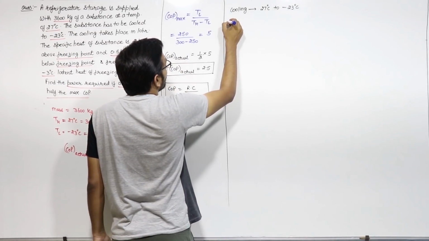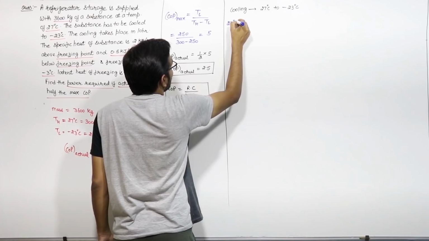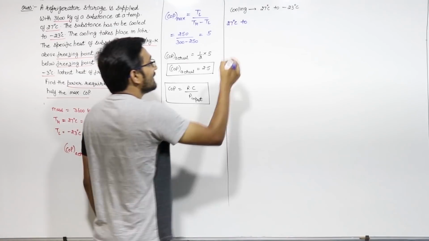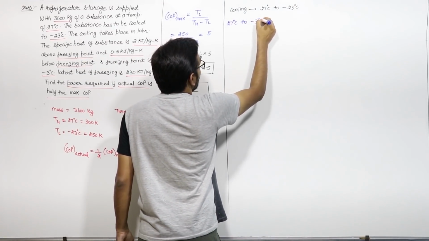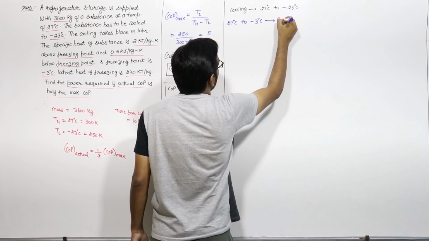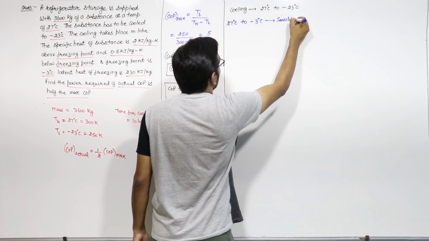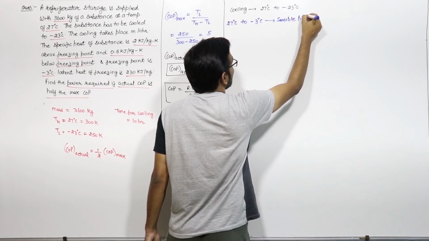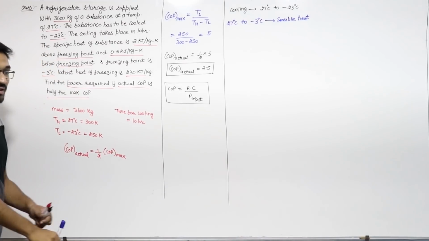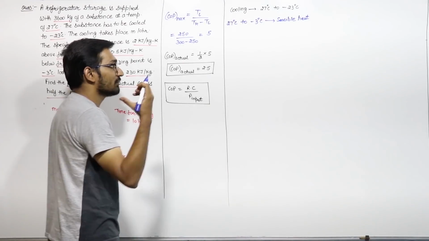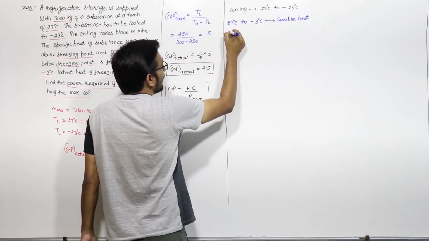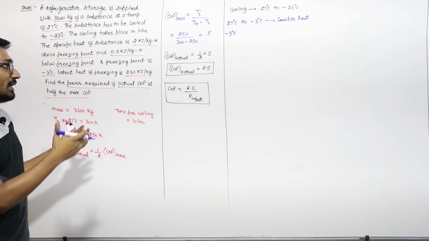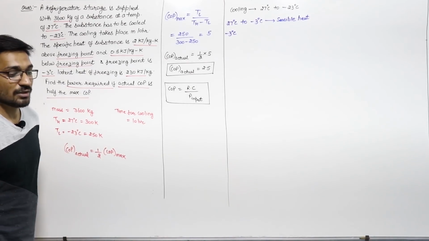We can say that from 27 degrees Celsius to the freezing temperature, that is minus 3 degrees Celsius, we have to remove sensible heat to decrease the temperature from 27 to minus 3 degrees Celsius. Some sensible heat is required to be extracted from this body. Now at minus 3 degrees Celsius, this is freezing. Freezing means earlier it was liquid, then we are converting it into solid.